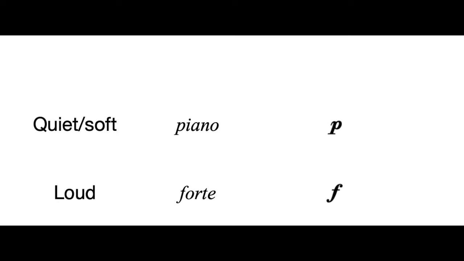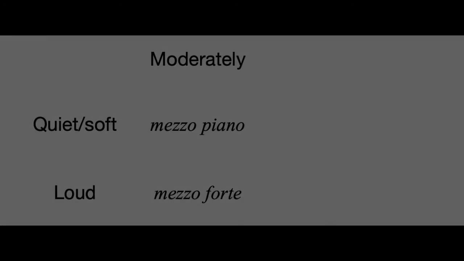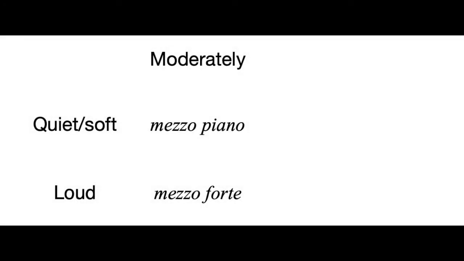And one other word to go in front of them to make it moderately quiet or moderately loud, the Italian word mezzo, which literally means half. So, half quiet, half loud, mezzo piano and mezzo forte, moderately quiet, moderately loud, MP and MF.